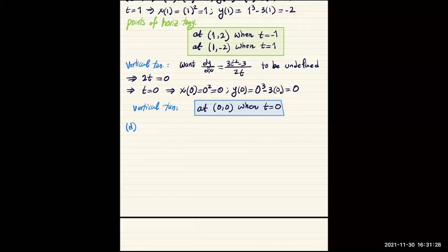So D, we're going to perform a sign analysis on dx/dt and dy/dt. Again, dx/dt describes motion in the horizontal direction, dy/dt in the vertical direction. They tell you if the particle is going left, right, up, down. That's going to tell us what the orientation is.